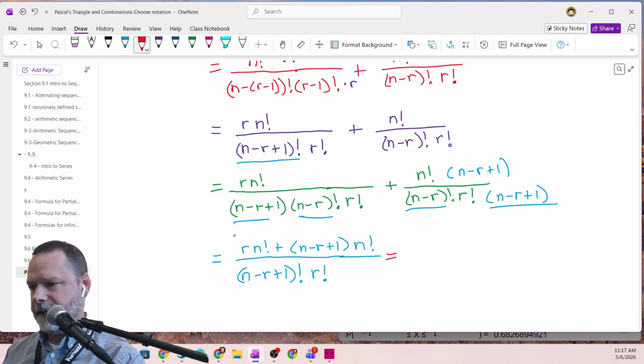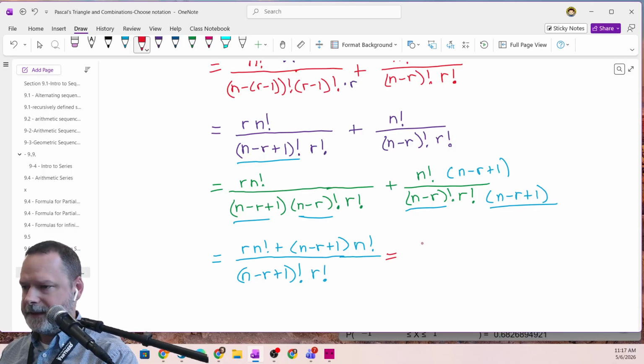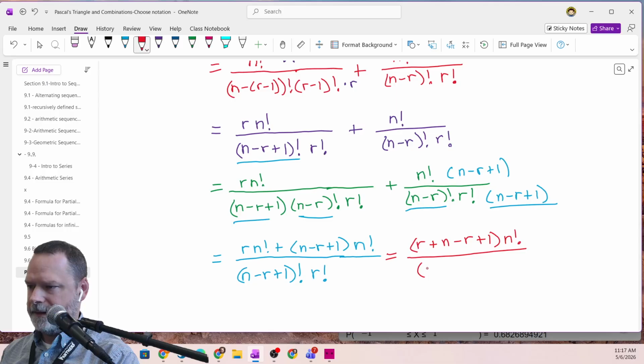If I factor the n factorial out, we would get r plus n minus r plus 1 times n factorial over n minus r plus 1 factorial, r factorial.